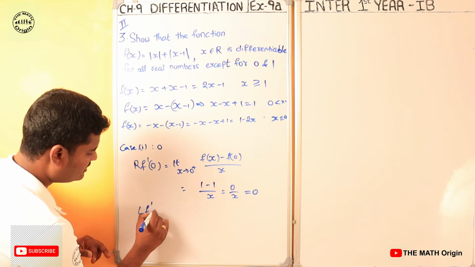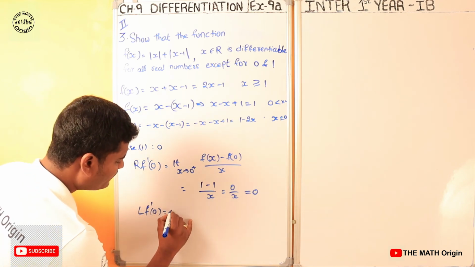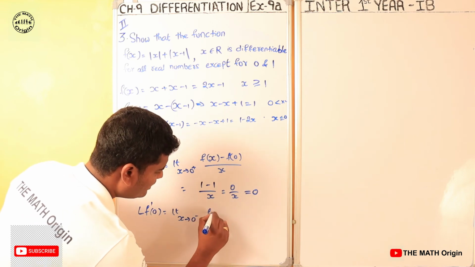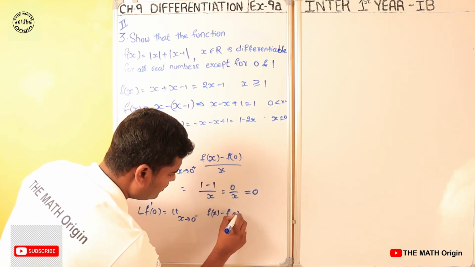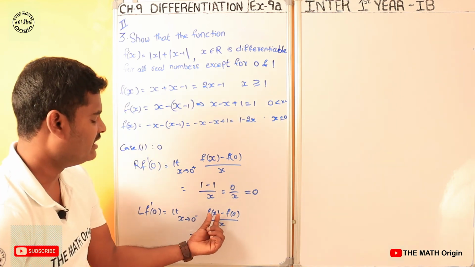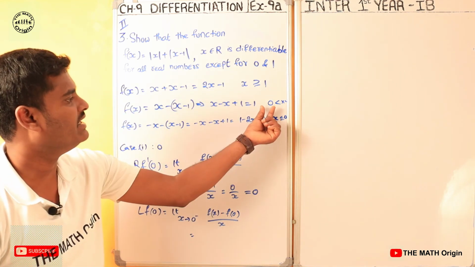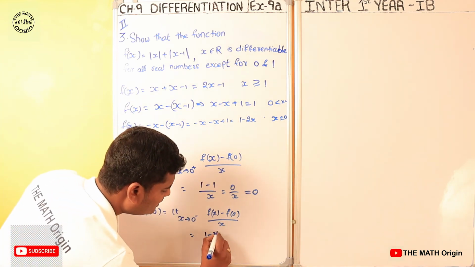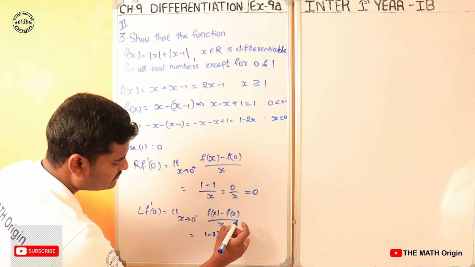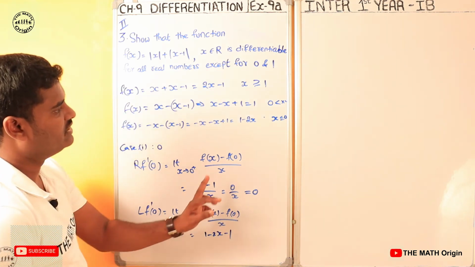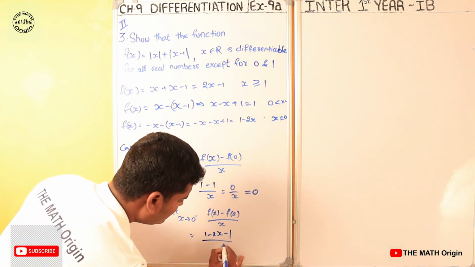Now the left hand differentiation of f at 0 equals the limit as x tends to 0- of (f(x) - f(0))/x. Here f(x) for 0- takes this value, which is 1 - 2x, minus 1, since f(0) is 1, divided by x.